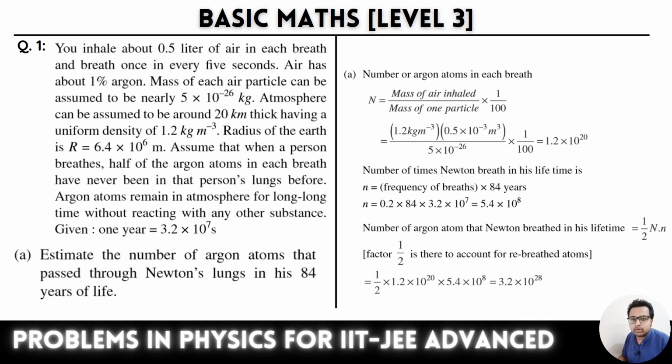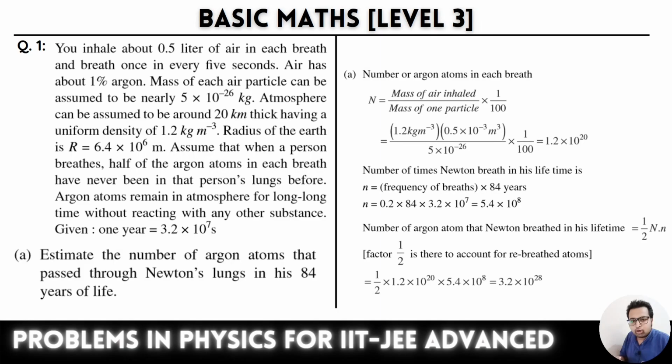So we multiply the total number of particles by 1 upon 100. We get the total number of argon atoms inhaled by Newton in each breath, which is 1.2 into 10 to the power of 20. So I hope it is clear.